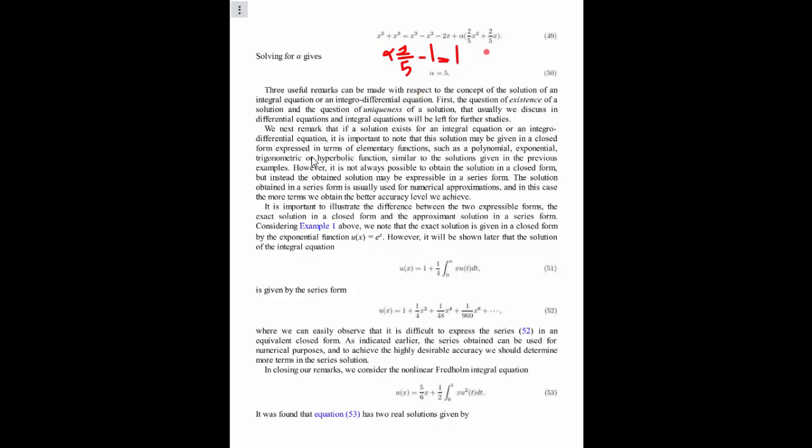So we have alpha times 2 over 5 equals 2, which by solving, we can easily obtain alpha equals 5. So with alpha equals 5, we have the claimed function, x squared plus x cubed, as the solution of that integral equation.